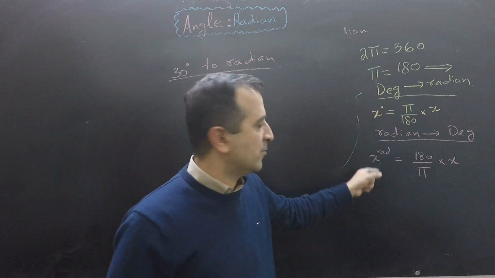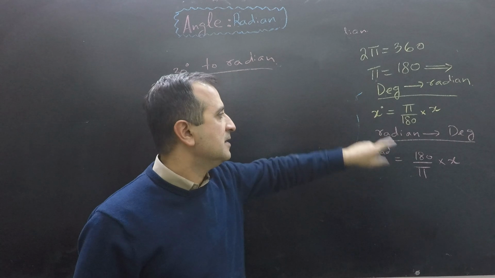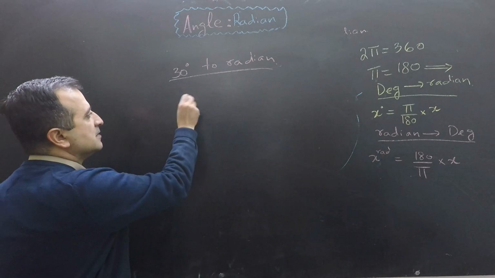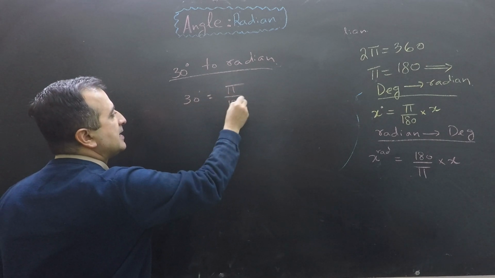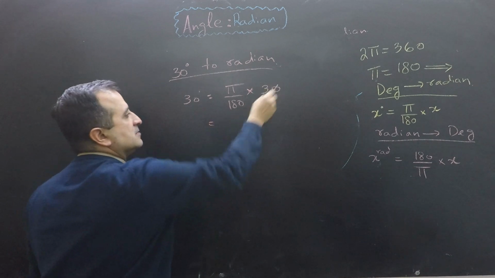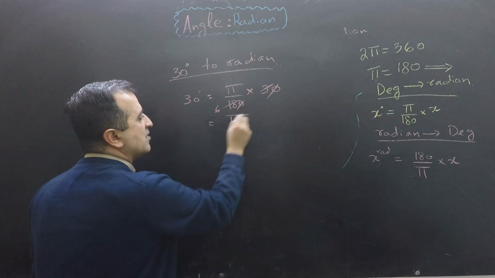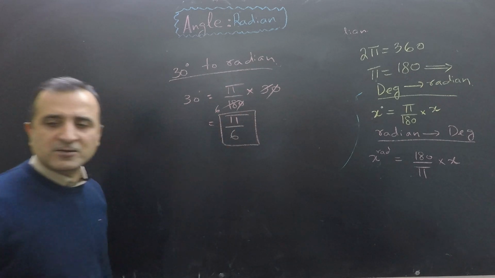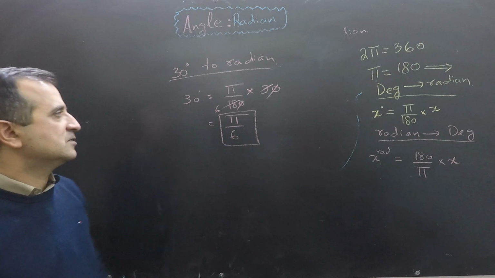This formula, right? Yes. So 30 degrees is equal to pi over 180 times 30, and it's going to be pi over 6. That's our answer: 30 degrees is equal to pi over 6. We can find this in fractions, but I think this is good enough.